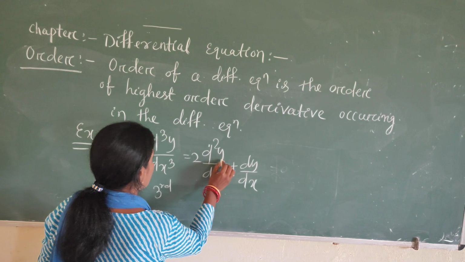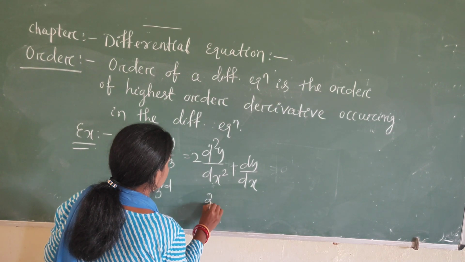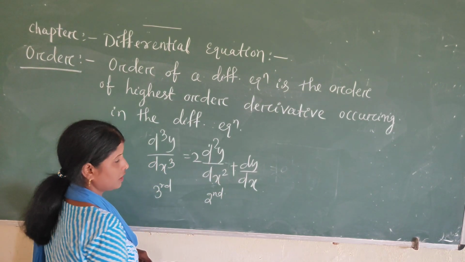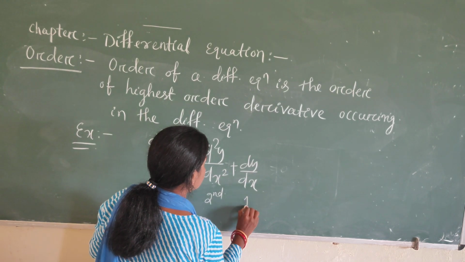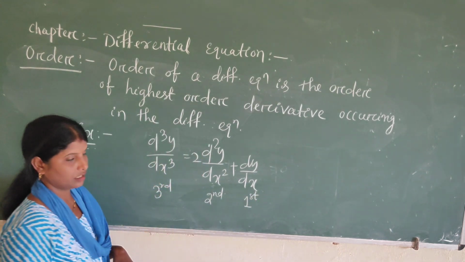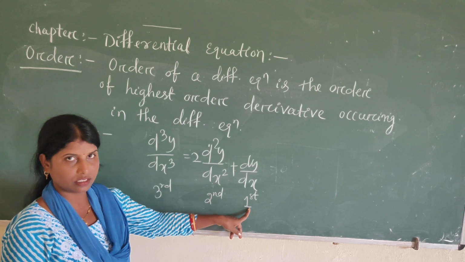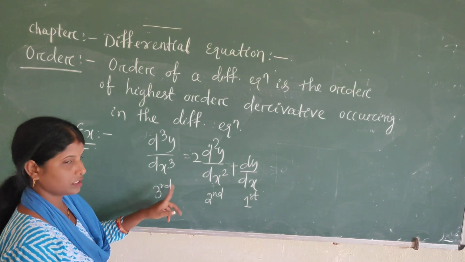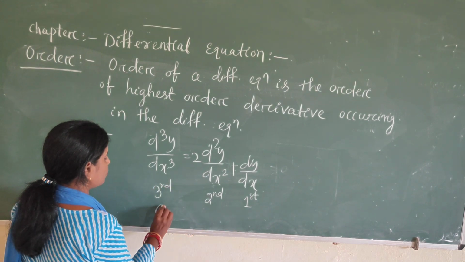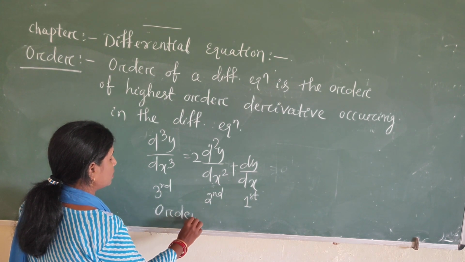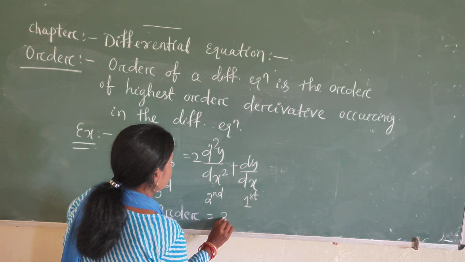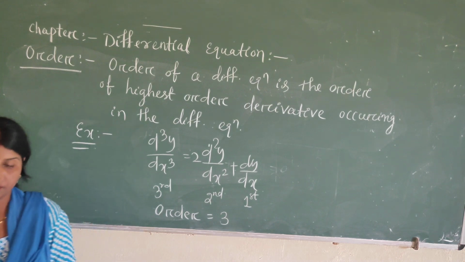Then d square y by dx square is the second derivative of y, and dy by dx means first derivative of y. Among these, our highest derivative is the third derivative. So the order of the differential equation is 3.